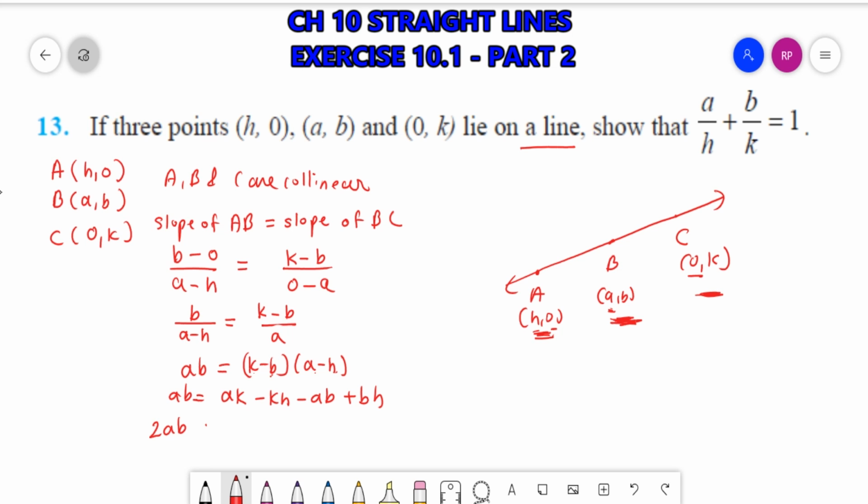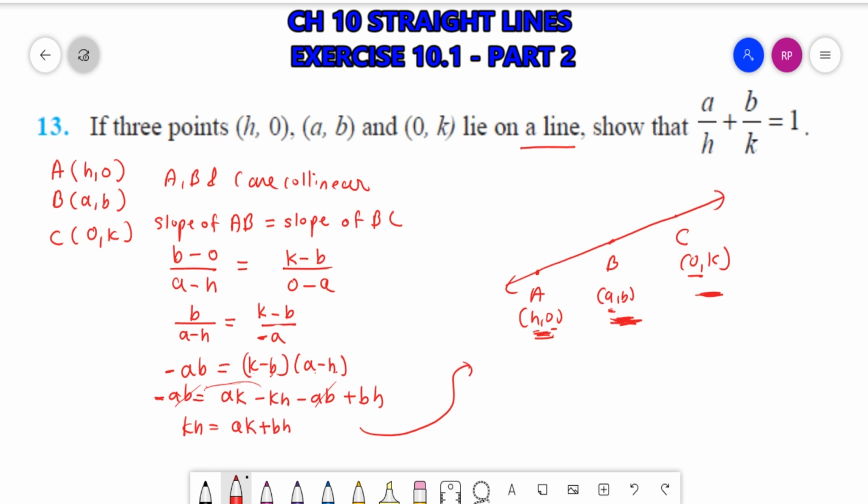Once again we have made a mistake, here it's minus a, so it will be minus ab. So minus ab will get cancelled. So I can write kh on the other side. kh is equal to ak plus bh.